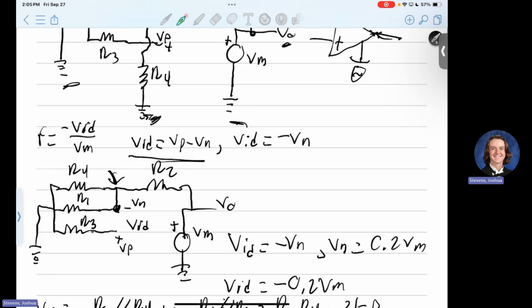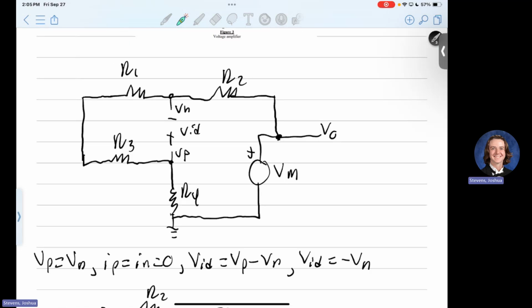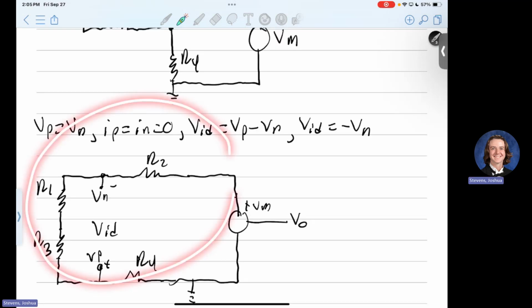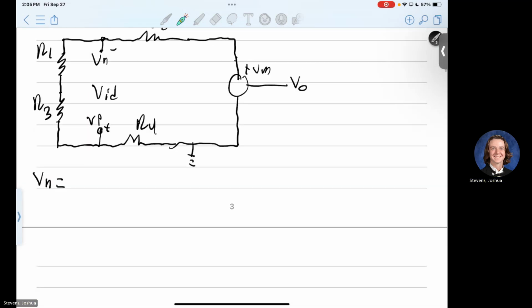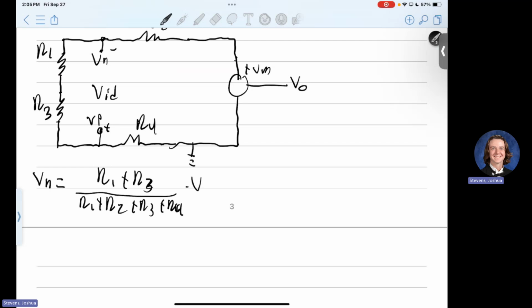And R2, in this case, because we have that R2 there. So like Phoenix said, R1 plus R3 over R1, R2, R3, R4, all times V. So the values for everything.